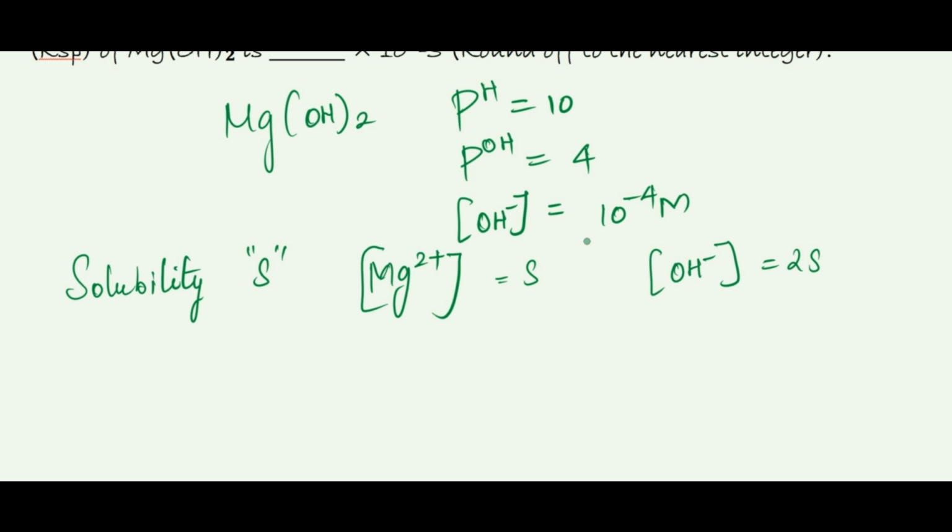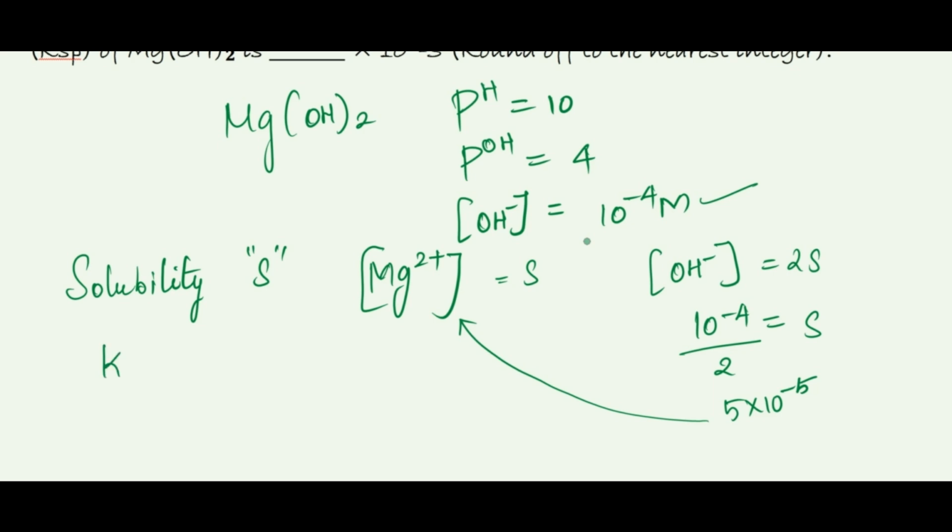In this case, we already found the OH minus ion concentration, that is 10 to the power minus 4. So S is equal to 10 to the power minus 4 divided by 2, that is 5 into 10 to the power minus 5, which is nothing but the magnesium ion solubility S.